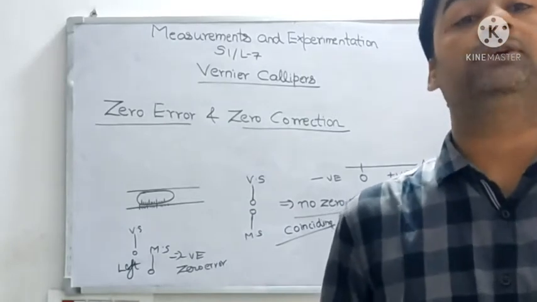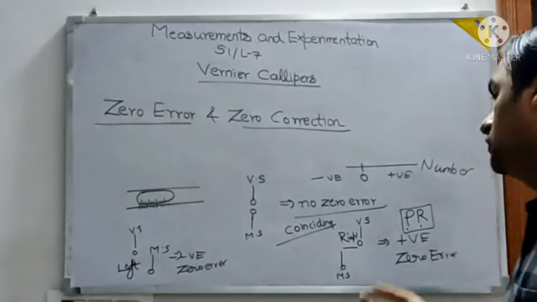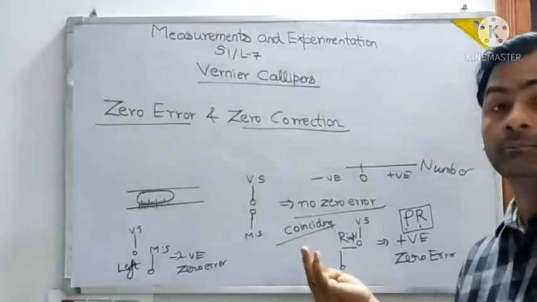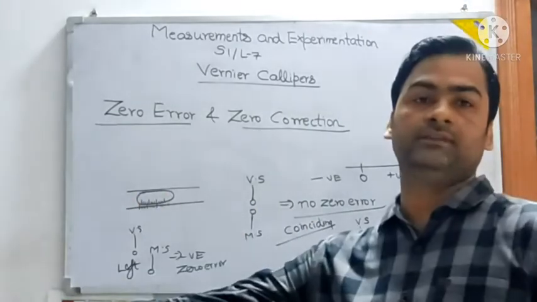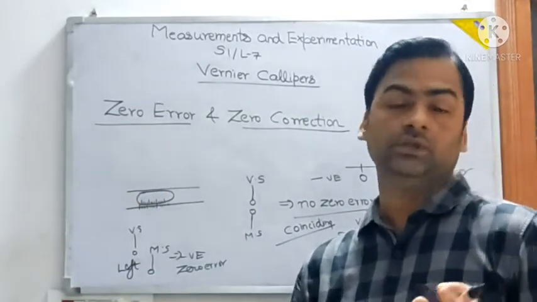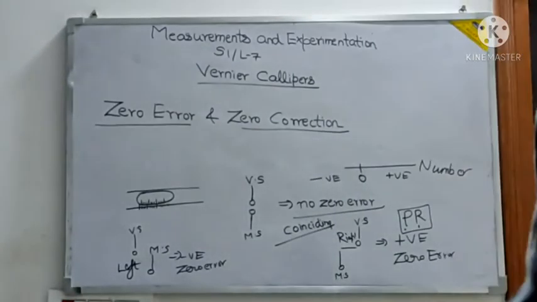That is why I am telling you this with respect to the vernier scale. So whether the vernier scale zero is on the right of the main scale zero or on the left is the criterion for judging whether the error is positive zero error or negative zero error.